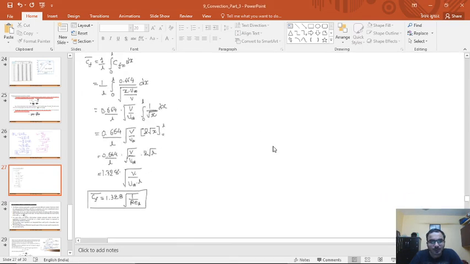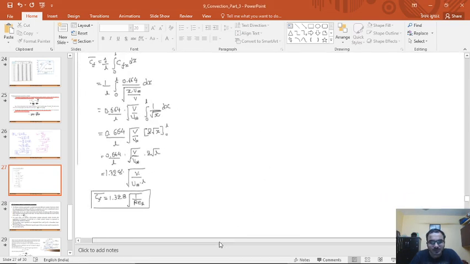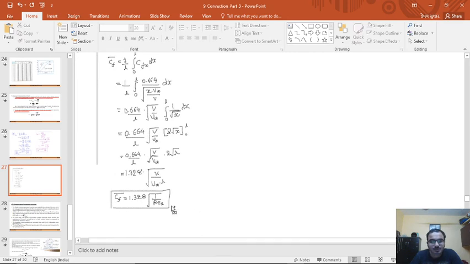So finally we have obtained the value of average skin friction coefficient, which is based on the Reynolds number of L length.